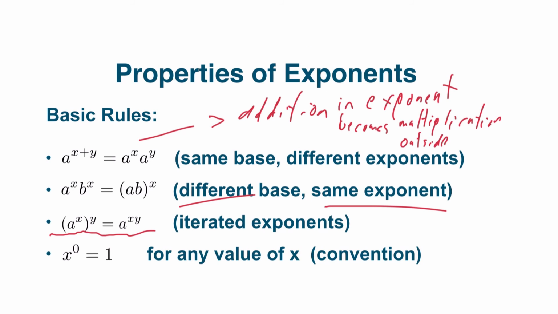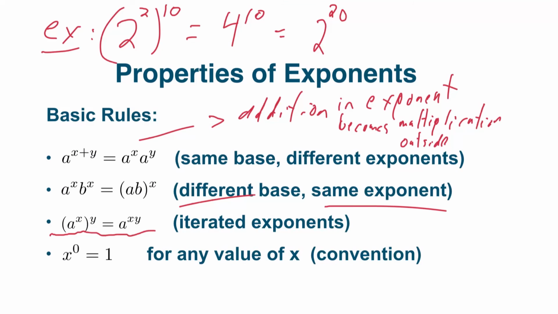So just as an example of that, if I wanted to compute 2 squared to the 10, I could, of course, write this as 4 to the 10 by evaluating 2 squared on the inside, but this is also equal to 2 to the 20 by using the rule for iterated exponents. So you want to be comfortable making these types of relationships, especially as we start to work with exponential models, as it'll make the algebraic manipulations much more straightforward if you understand the mathematical theory behind everything.